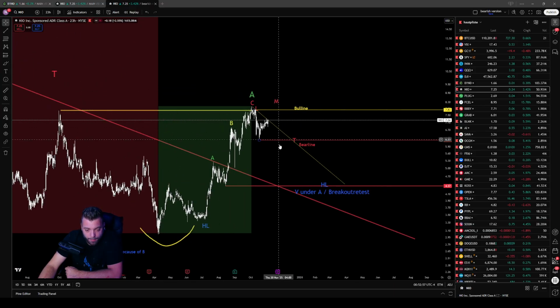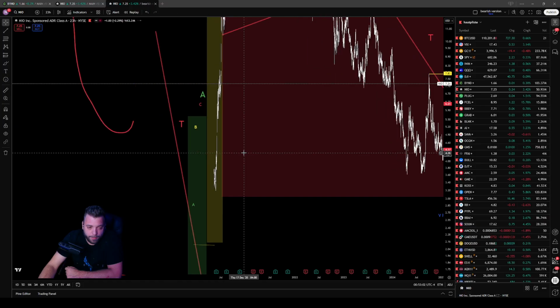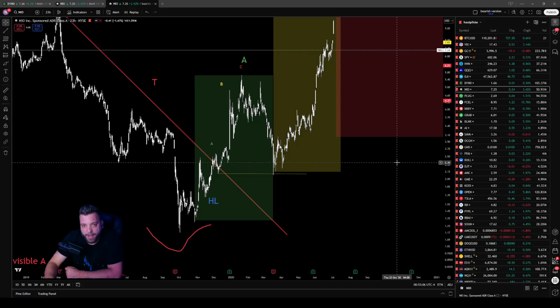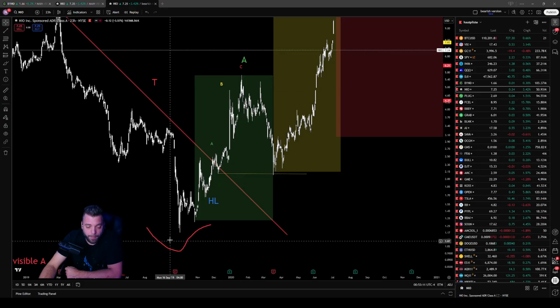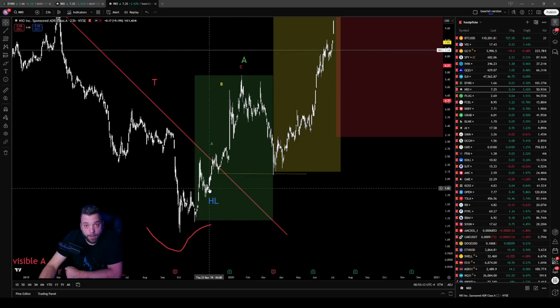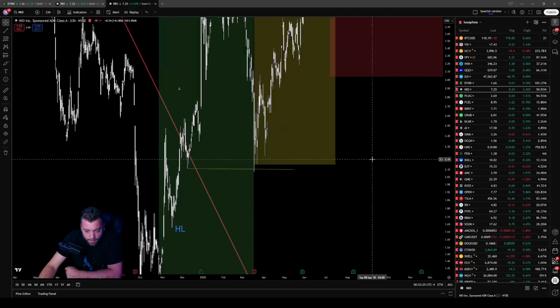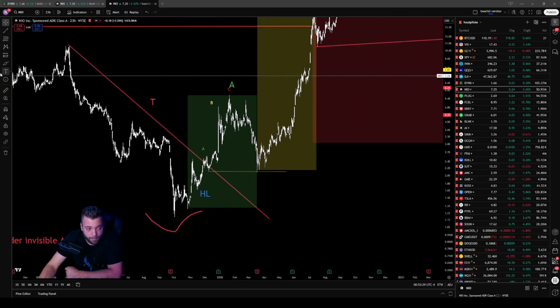But if you look at this price action here, it's just the same like this price action here, and it's really quite one-to-one. From 2020, you make your V, you make your high low, you make your left shoulder, you make your head, you make your right shoulder, and you go to V under A. Only slightly, I think it was a few cents, but still.